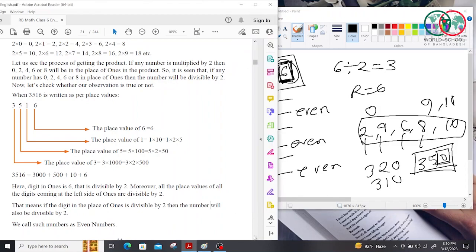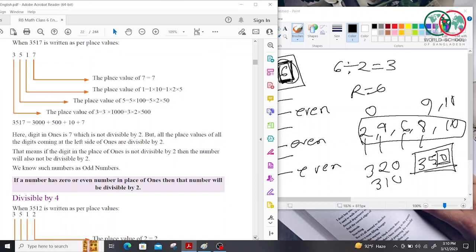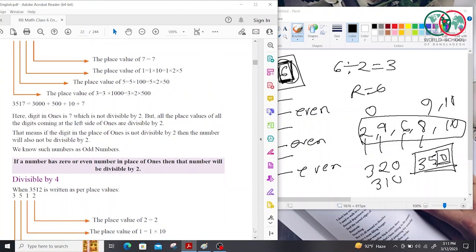So we are clear with the divisibility by 2. Now let's see 4. See here it is written, if a number has 0 or an even number in the ones place, then that number will be divisible by 2.